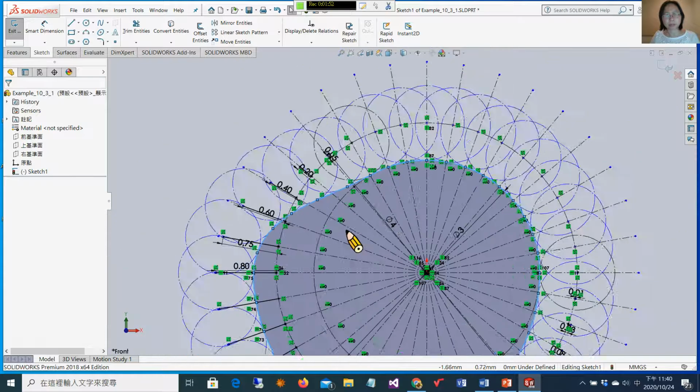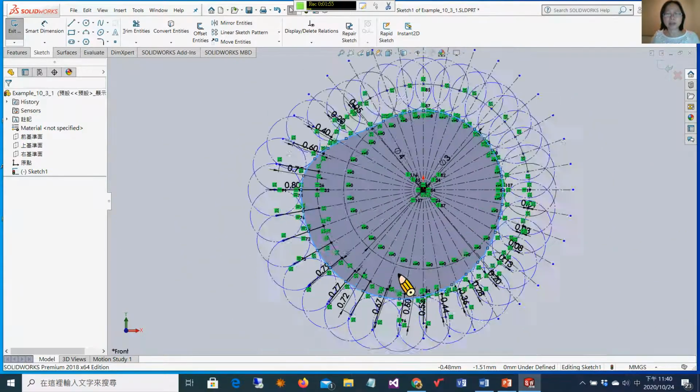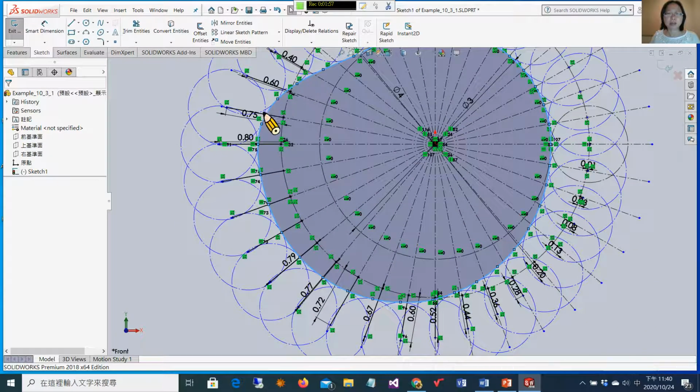Okay, so you can see the blue line is the cam profile.